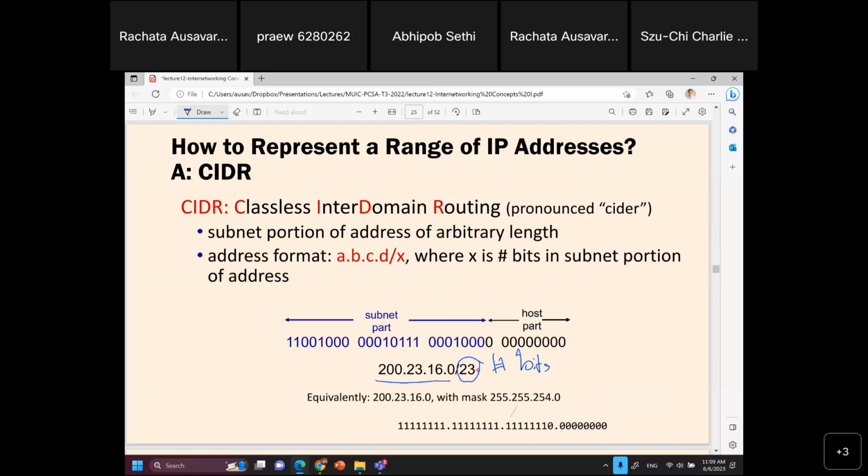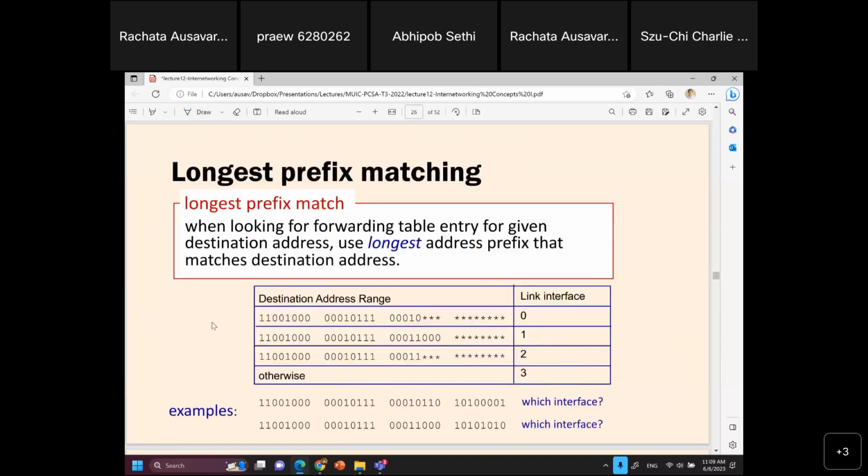In that case, 23 means I'll take the 23 top bits. Those are my subnet. Anything that falls in that range and is the same number, they are a part of the same subnet. Okay. Now with that, things are simpler, I guess, to figure out if I have a bunch of destinations.